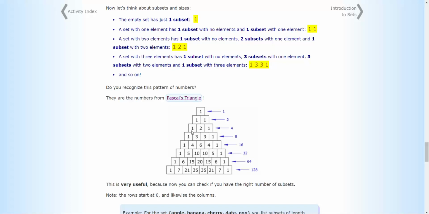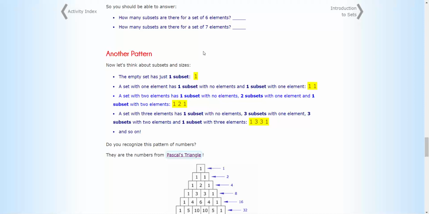Then there are 2 subsets with 1 element, and then there are 2 subsets of 2 elements, then 1 subset of 3 elements. What this means is that an empty set has just 1 subset in this case.